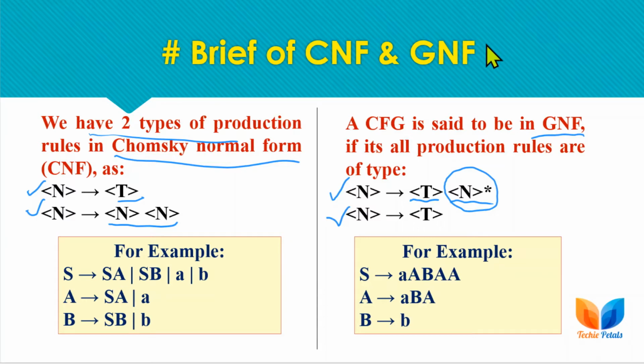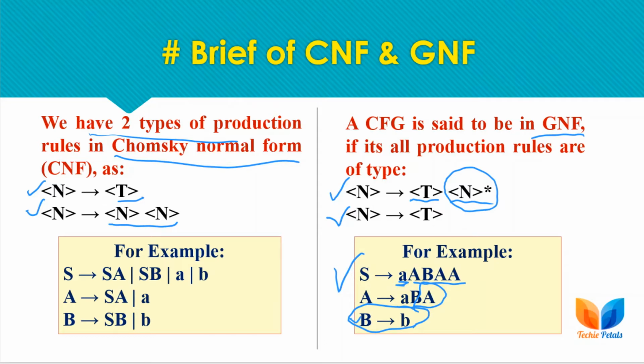For example, here we are deriving a single terminal followed by non-terminals, a single terminal followed by two non-terminals, and a single terminal derived by non-terminal B. So this is the way we write the production rules for GNF form. And please note here that the normal forms are not changing the grammar.